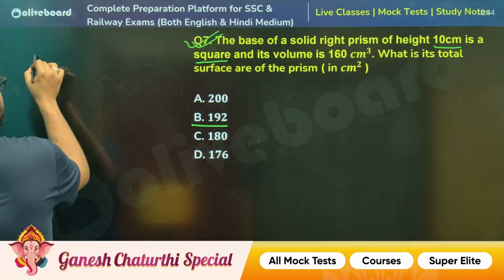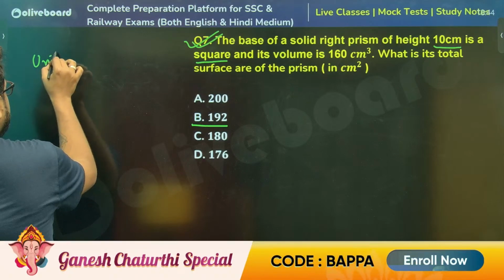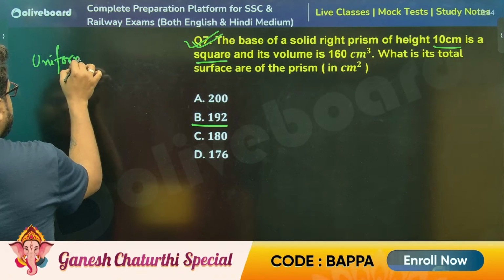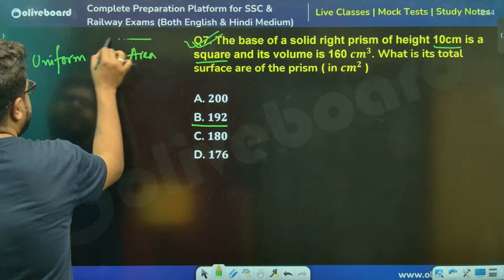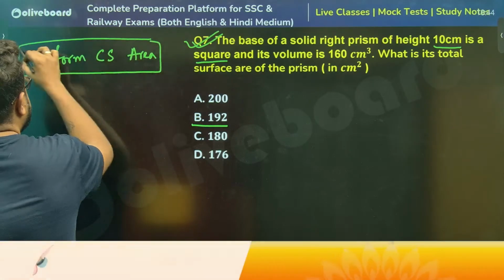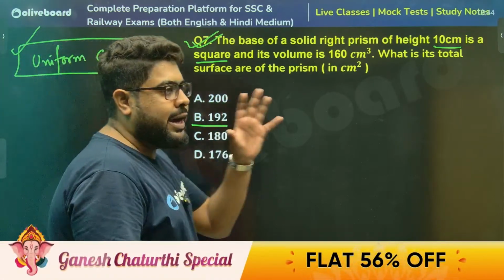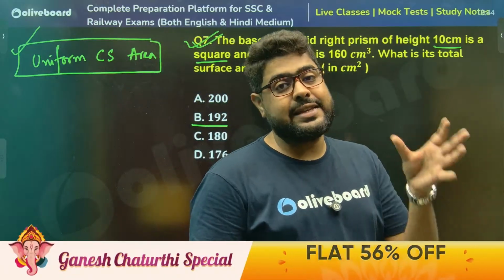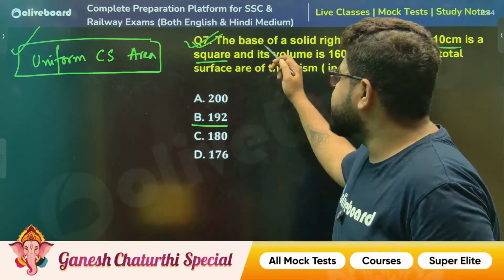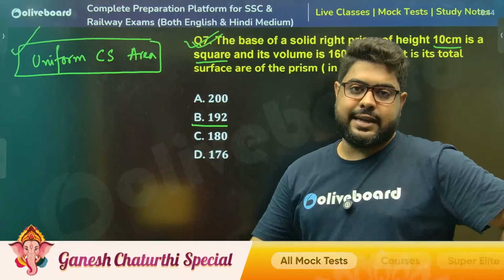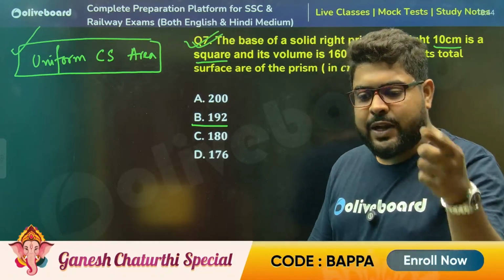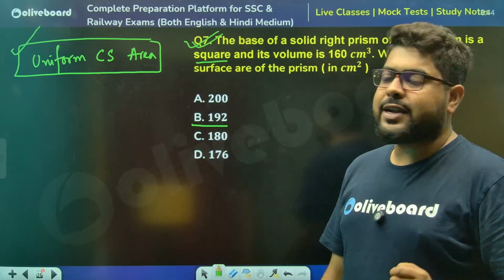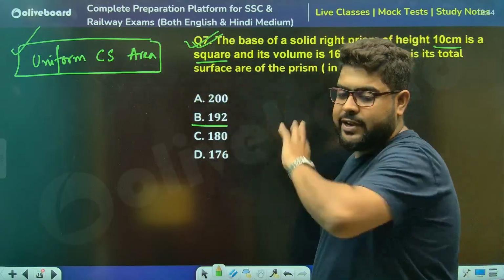One having uniform cross section, CS area. CS means cross sectional area. Any cuboid, any cube, any cylinder, any prism, those all have uniform CS area. Meaning if you cut it from any place, it will always give you the same area.